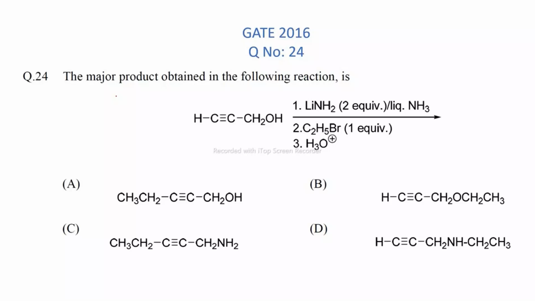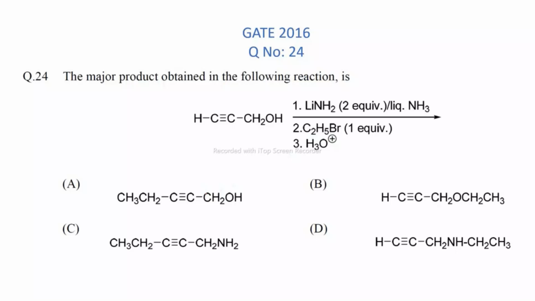This is a GATE 2016 question, number 24. The major product obtained in the following reaction is: this is one substrate, and we are treating it with two equivalents of LiNH2 in liquid ammonia, followed by one equivalent of C2H5Br and then acidic workup.